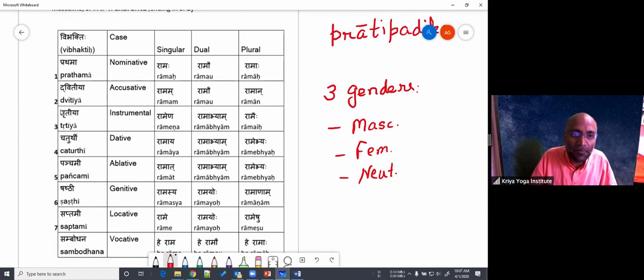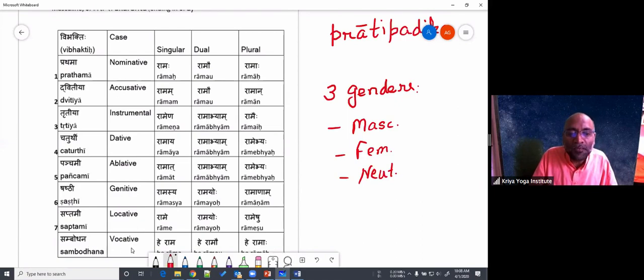So you see I have given the numbers 1 to 7, and these are the Sanskrit words, which simply mean first, second, third, fourth, fifth, sixth, seventh. And these are the case names: nominative, accusative, instrumental, dative, ablative, genitive, locative.